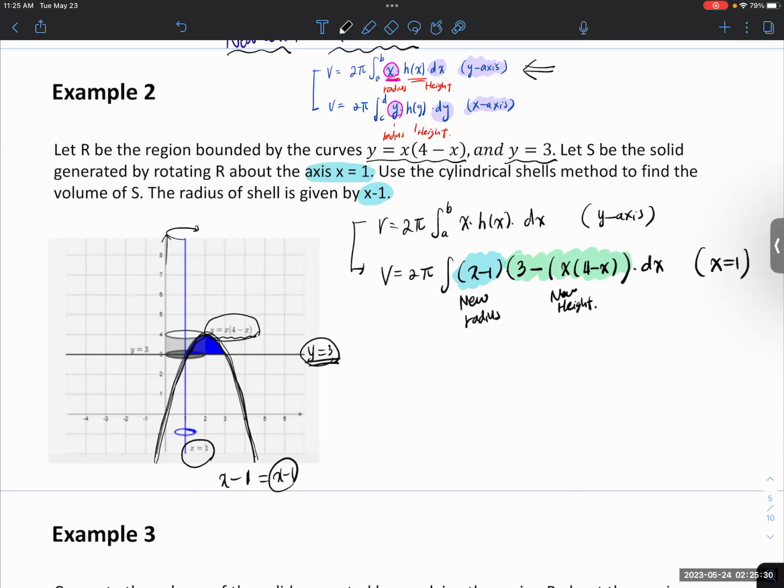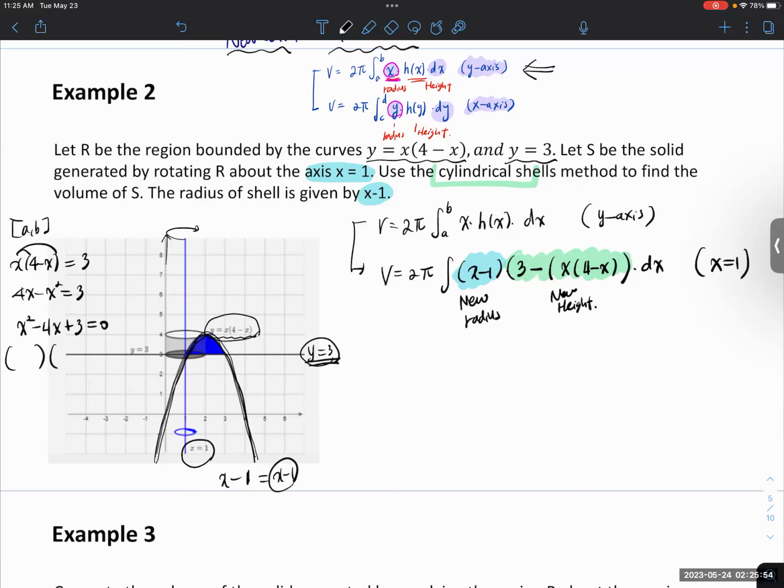And then we need to define what the interval is. So you're gonna set it up. These two equations are gonna be equal, correct? To find out a and b, you say x times 4 minus x equal to 3. So using the distributive property, x second minus 4x plus 3 is equal to 0.